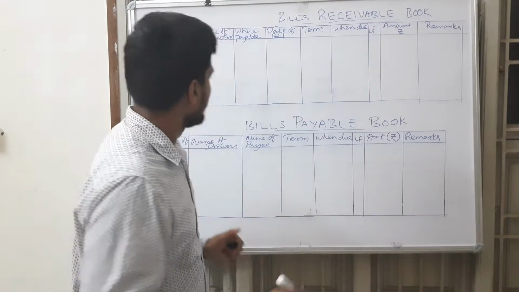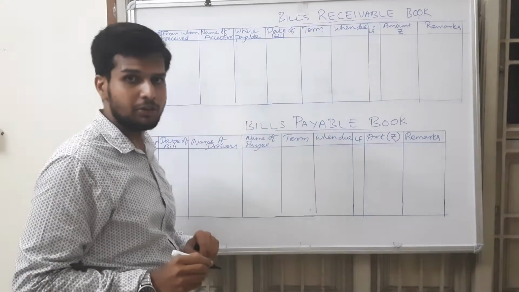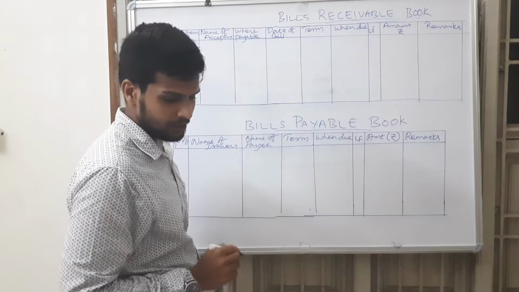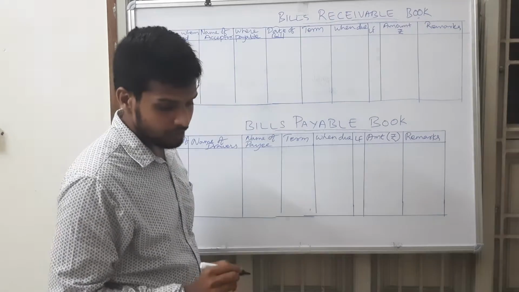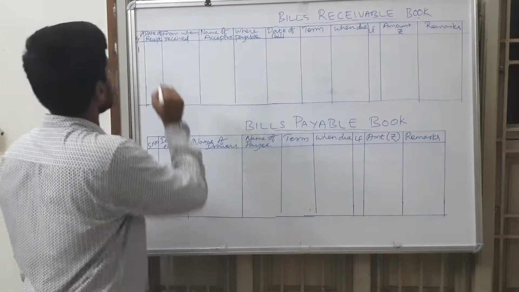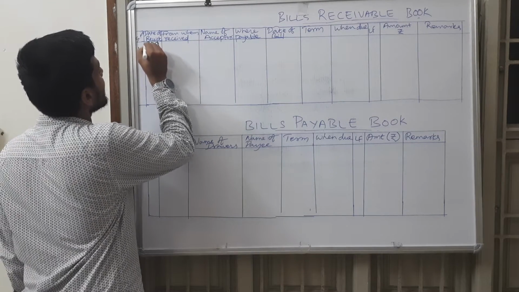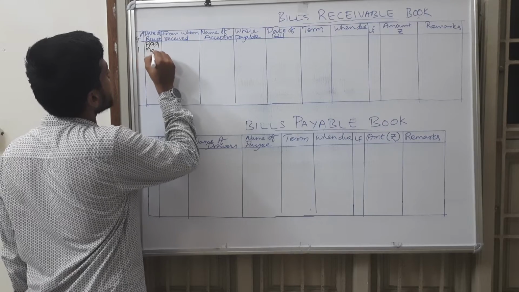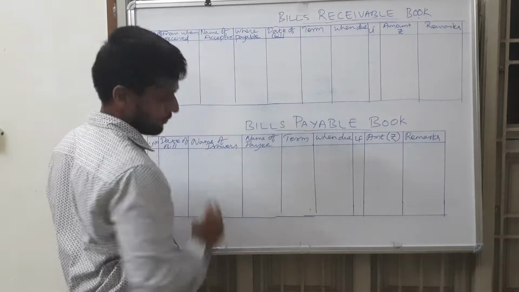First we need to put the serial number. The serial number is 1, as this is the first transaction, and the next is the date of receipt. The date of receipt is 1999 March 1.